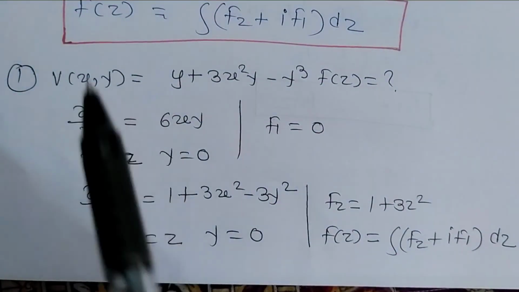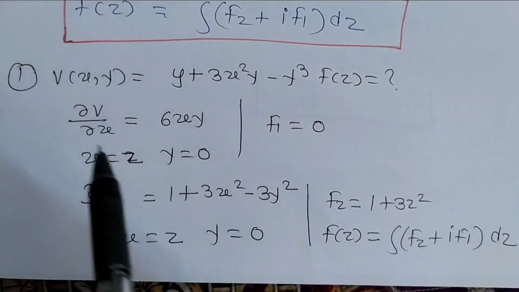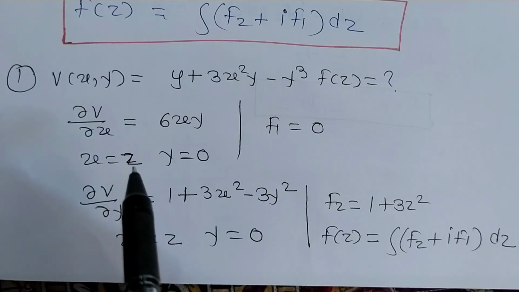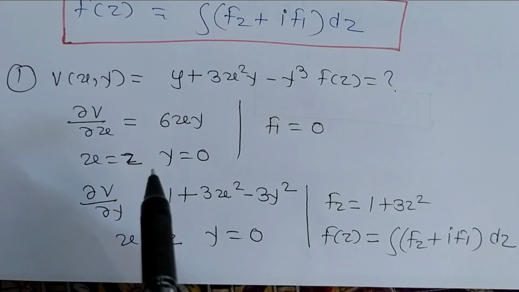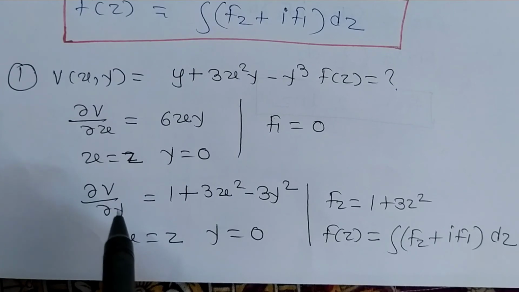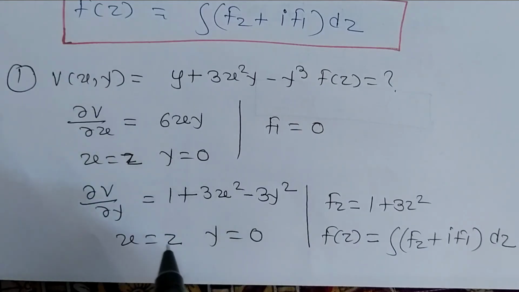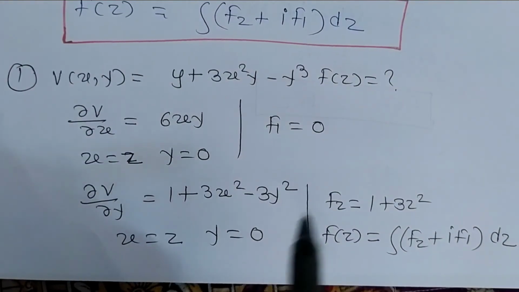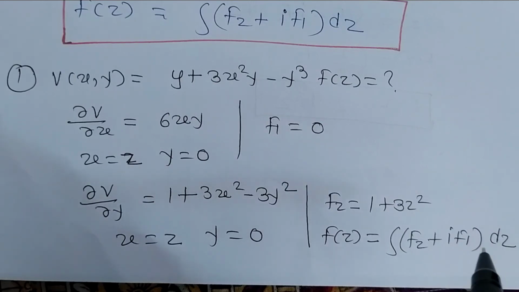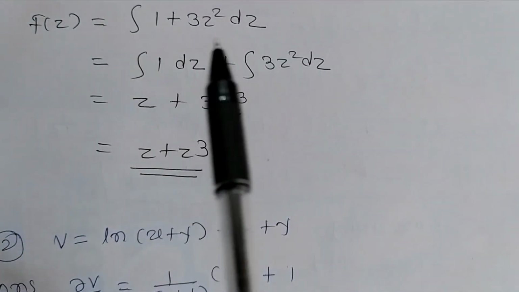So v of x, y is equal to y plus 3x²y minus y³, and we have to find f of z. ∂v/∂x with respect to x is 6xy, so f1 is 0 when we put x equal to z and y equal to 0. ∂v/∂y with respect to y is 1 plus 3x² minus 3y², so when x is z and y is 0, it becomes 1 plus 3z². So f of z is the integration of f2 plus i f1 dz, which is the integration of 1 plus 3z² dz.